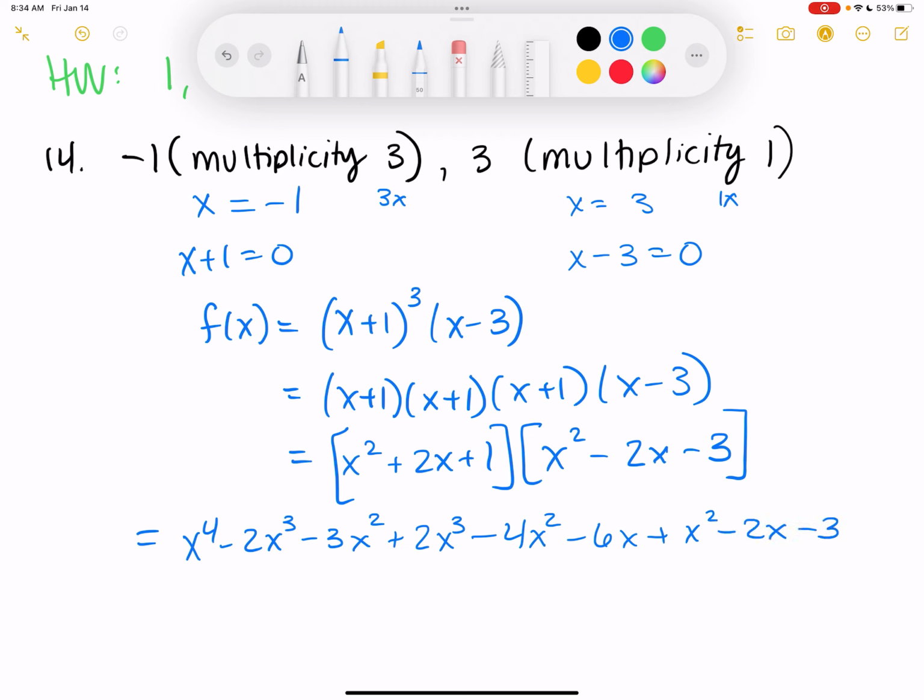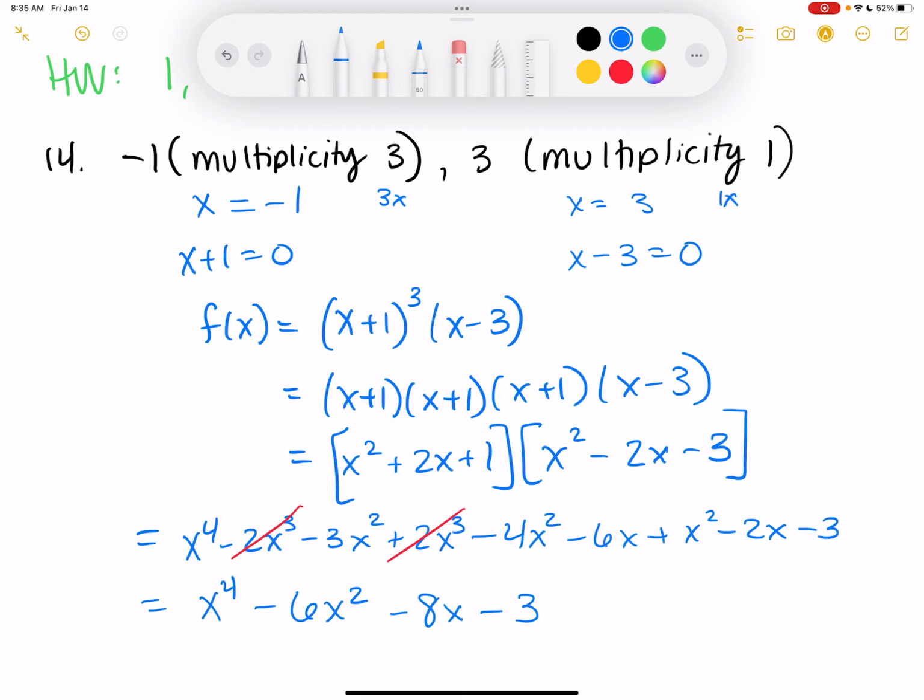And then you just got to simplify the stuff that goes together. The 2x cubed goes away. And then x to the 4th, negative 6x squared, and then negative 8x and minus 3.